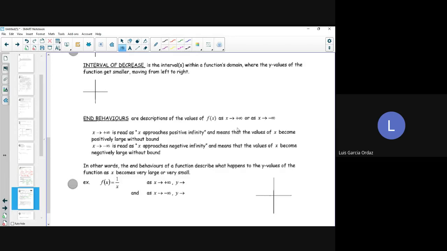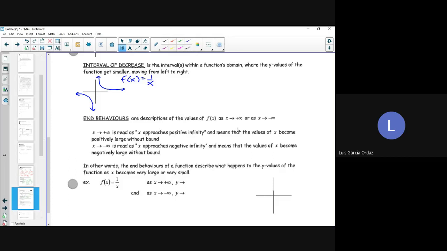So here we have the intervals of decrease. That's where the function's y values get smaller, moving from left to right. We're going to take the example of 1 over x. Because we're moving from left to right, there's always a decreasing value.